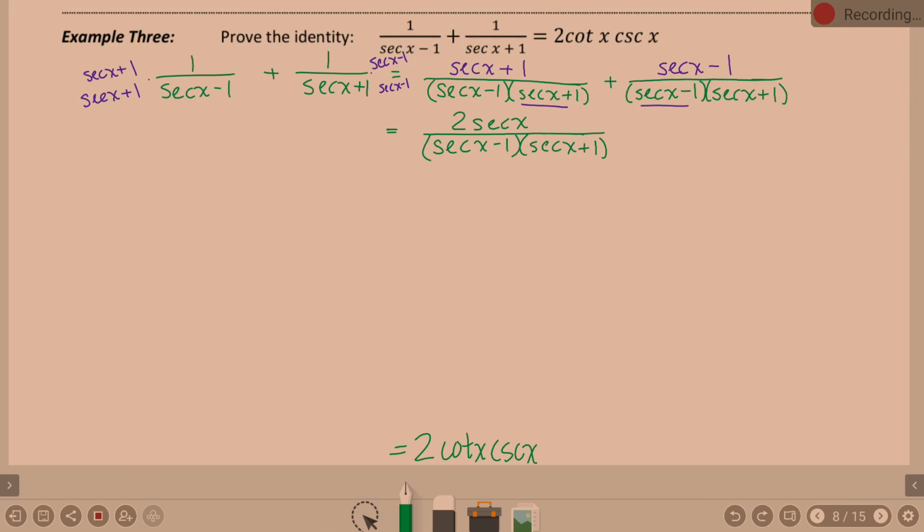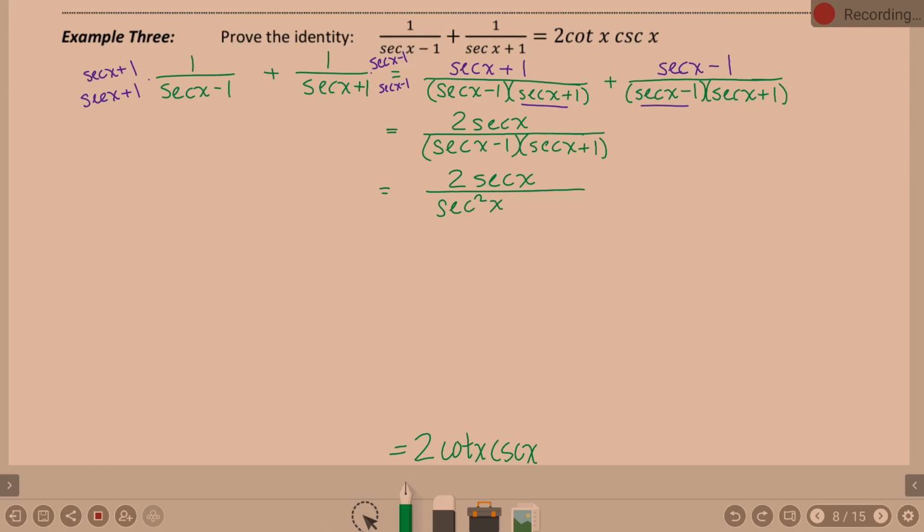The fact that secant x minus 1 and secant x plus 1 are conjugates is good, right? So if you haven't already, let's multiply those. 2 secant x on top, on bottom. Secant x times secant x is secant squared x.